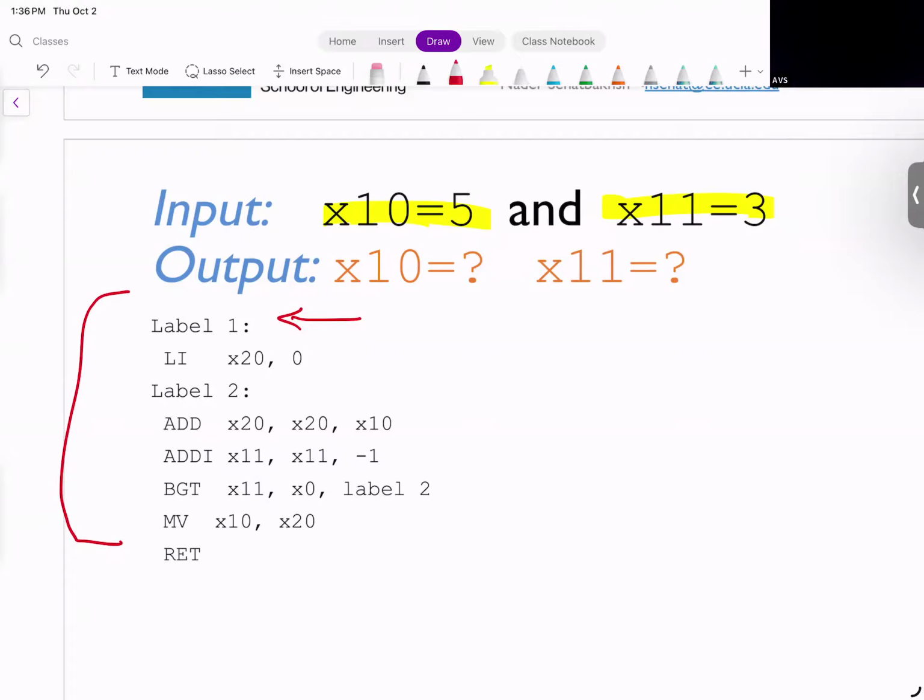Anyone else has found any other answer? Yeah. 20 and -1, okay.